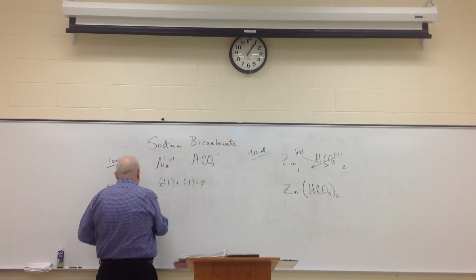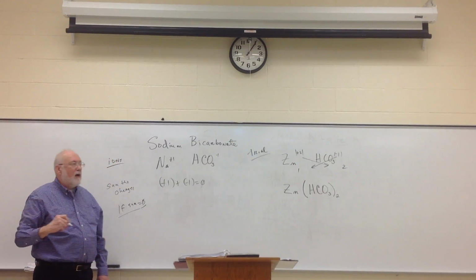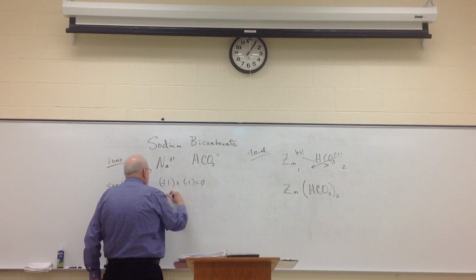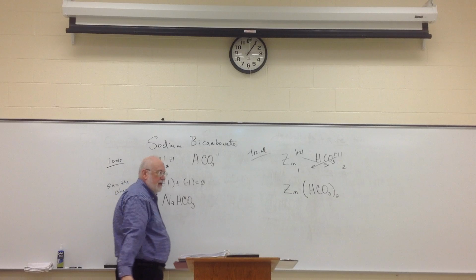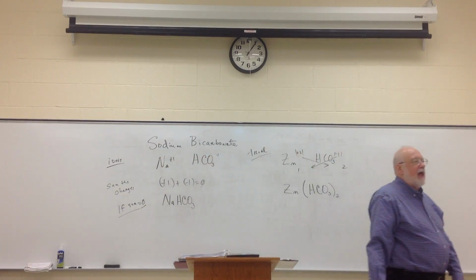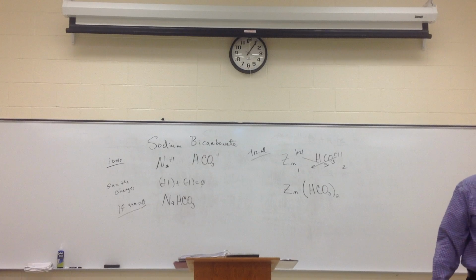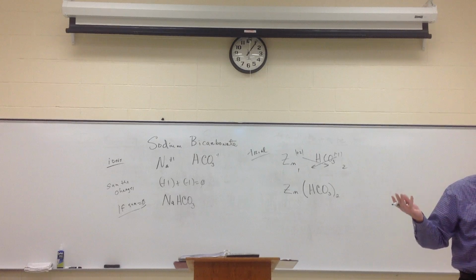So it is 0. So what do we know? We just need 1 of each, right? How's it going to look? NaHCO3. Why did I not put parentheses around the bicarbonate formula that time? Because I only need 1 of them. If you only need 1 of them, leave the parentheses off.